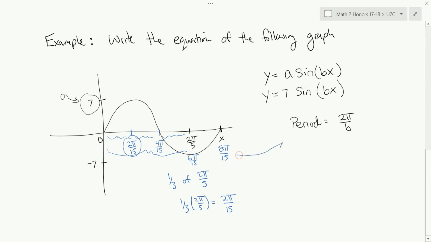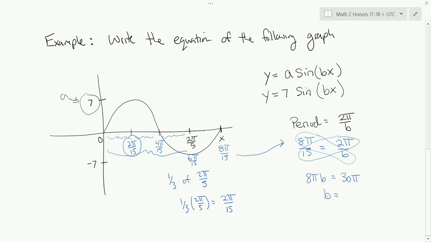Once you've got the period, you can plug it in this equation. 8 pi over 15 is the period, and that's equal to 2 pi over b, and now I can solve for b. It's a proportion, so we can cross multiply and multiply 8 pi times b, so that equals 15 times 2 pi. And then I want b by itself, so I'm going to divide both sides by 8 pi.